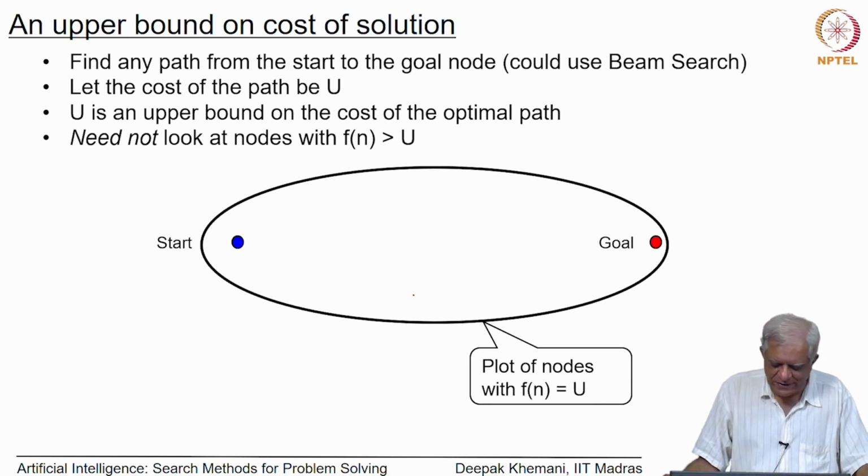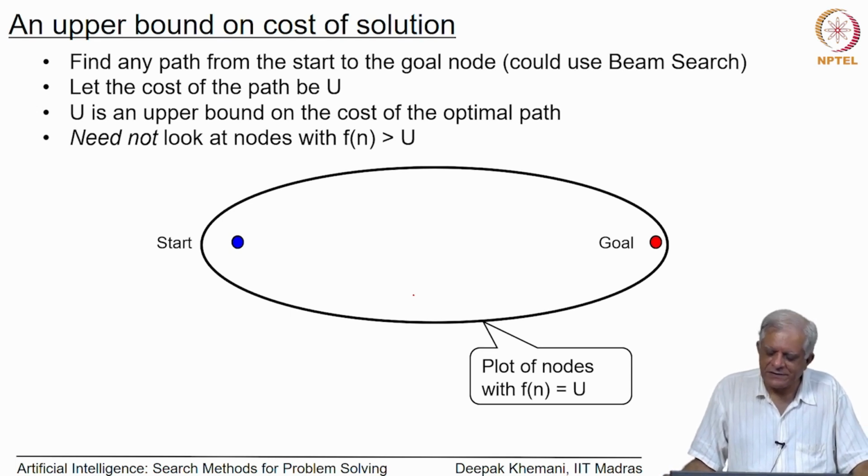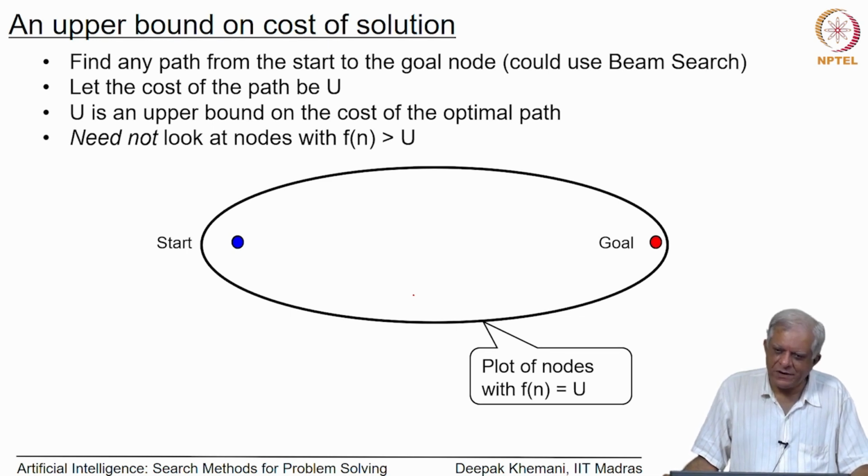So, this will serve a very strong influence on controlling the algorithms that we are going to see now, preventing them from going off in a wrong direction essentially.